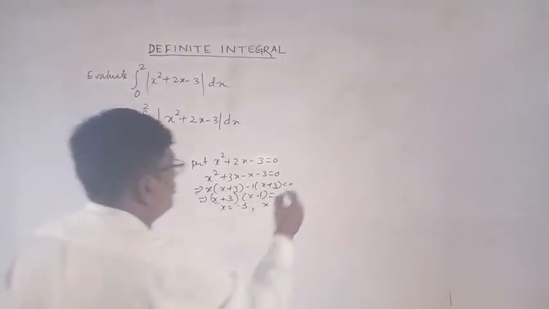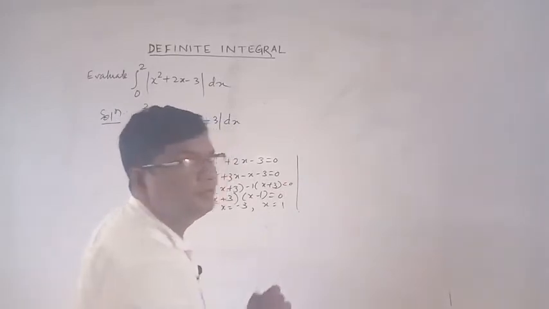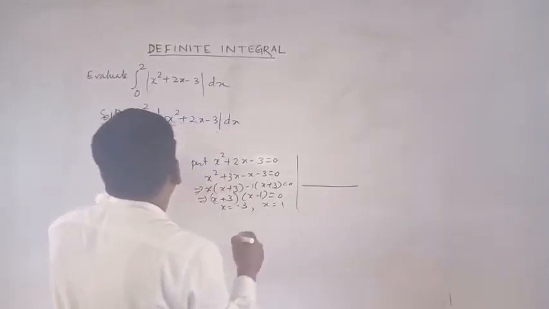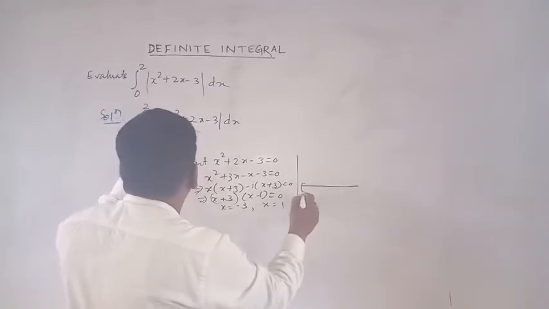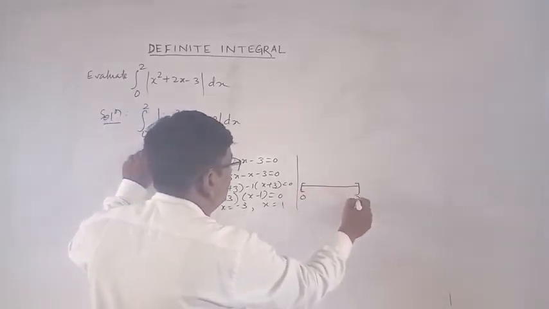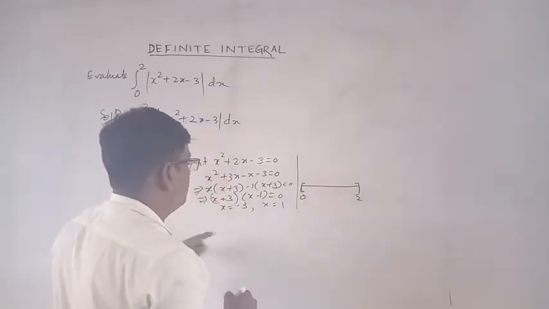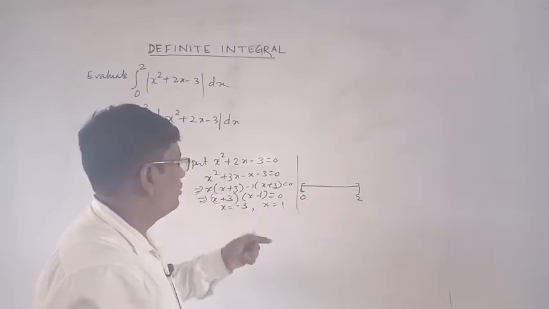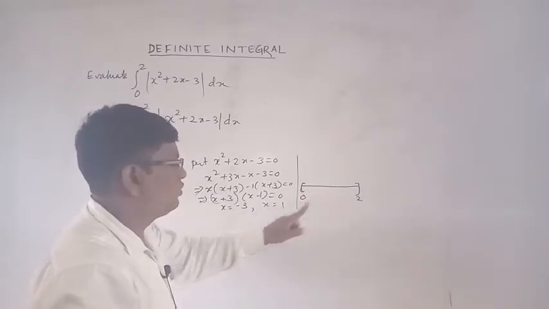Now the sign here: the lower limit is 0 and the upper limit is 2. Minus 3 is not considered here because minus 3 does not belong to 0 to 2.